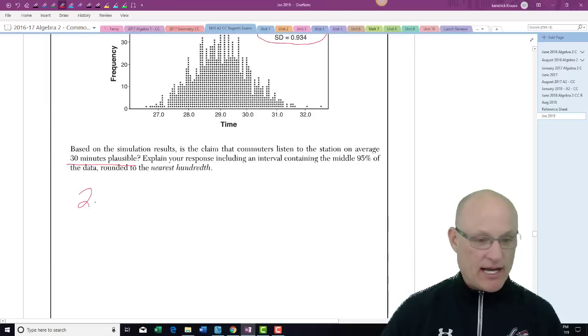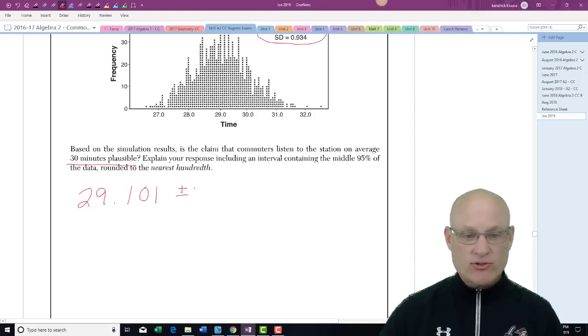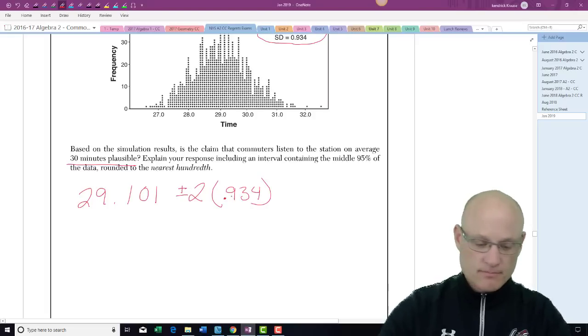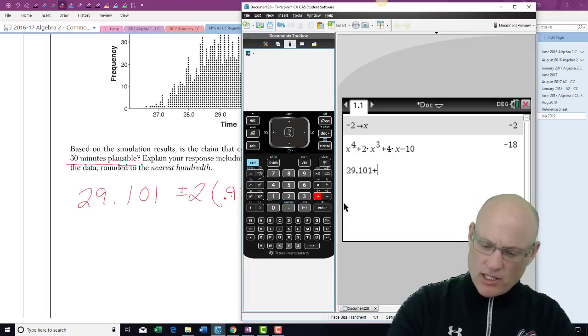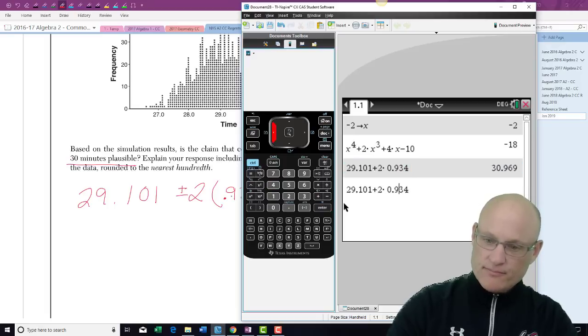So we're going to take 29.101, and we're going to add and subtract 2 times the standard deviation, which is 0.934. So 29.101 plus 2 times 0.934. Enter. And we're also going to do the minus.